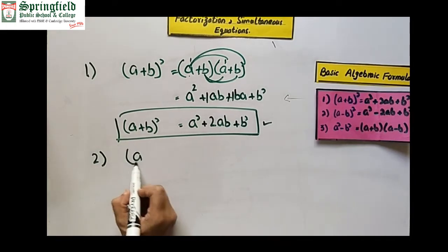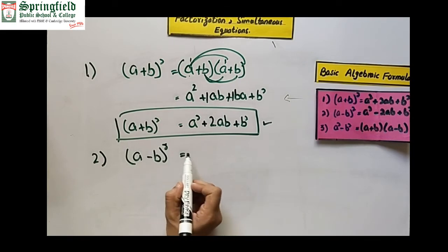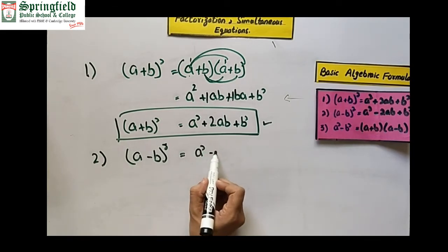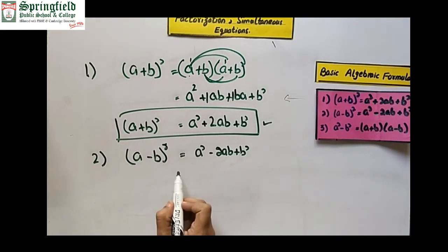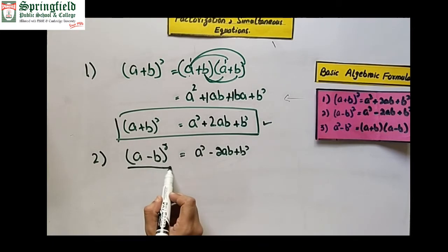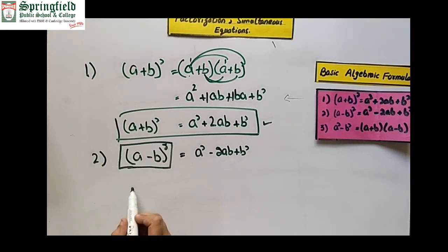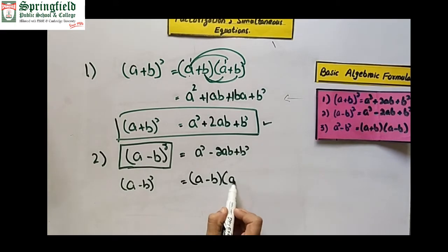Second one, they are saying that (a minus b) whole square is equal to a square minus 2ab plus b square. Fine. So we can prove it. Take the left hand side, (a minus b) whole square. It means a minus b will multiply two times: a minus b multiply with a minus b.